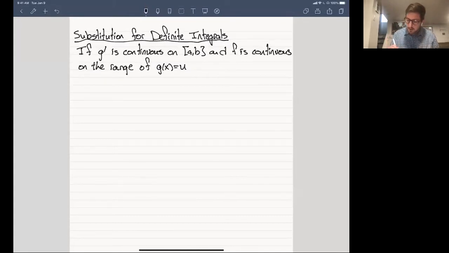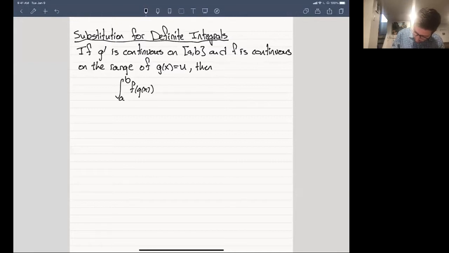And we need this f to be continuous on the range of g, because remember, we're dealing with function compositions here.